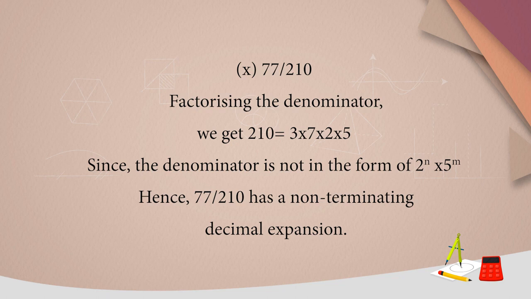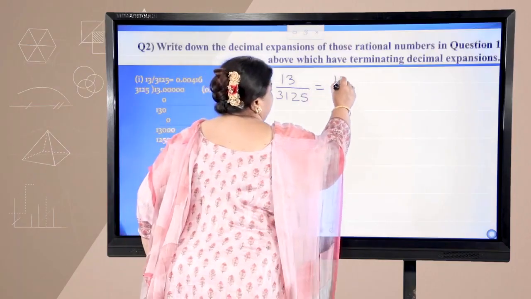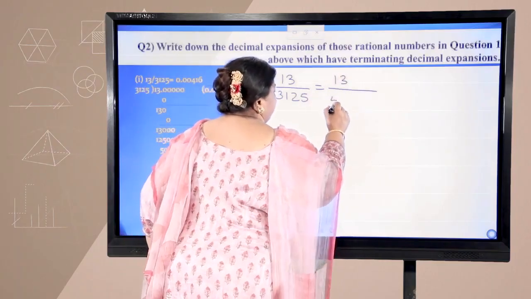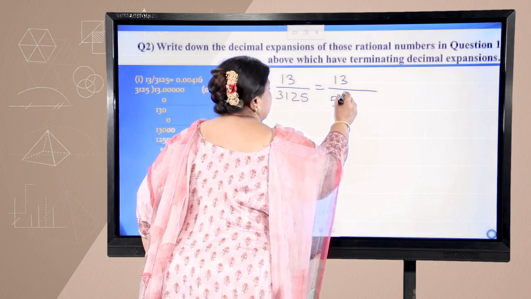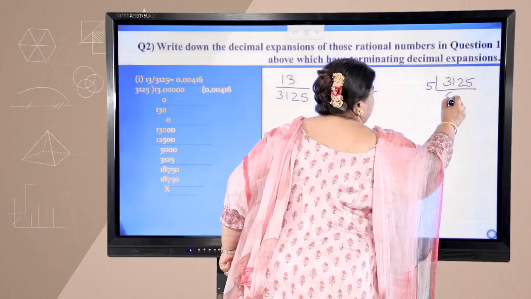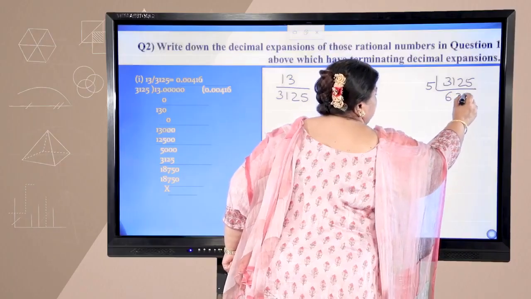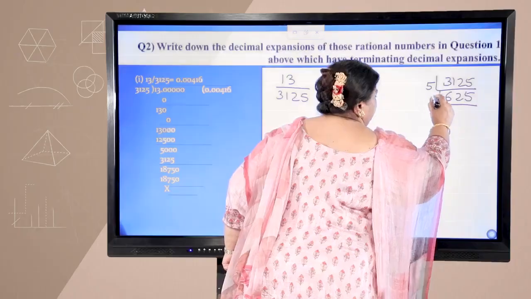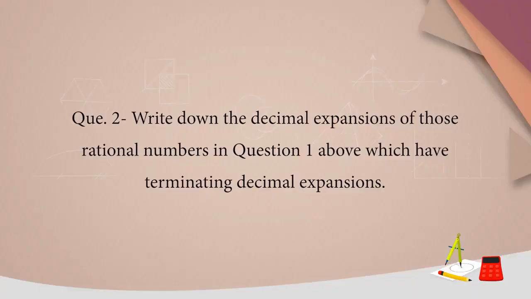Let me take 13 upon 3125. We have seen that the factors were 5 to the power 5.